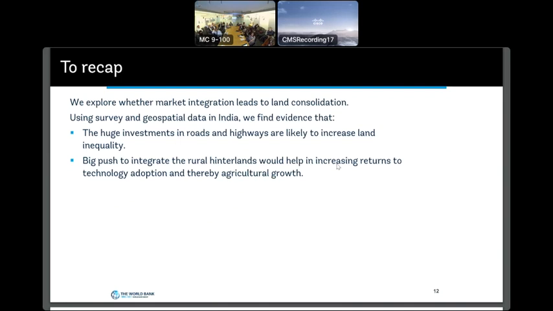So we do find evidence that these huge investments in roads and highways are likely to increase land inequality. But it's worth keeping in mind that a big push to integrate the rural hinterlands would help increase returns to technology adoption, and thereby agricultural growth as well.